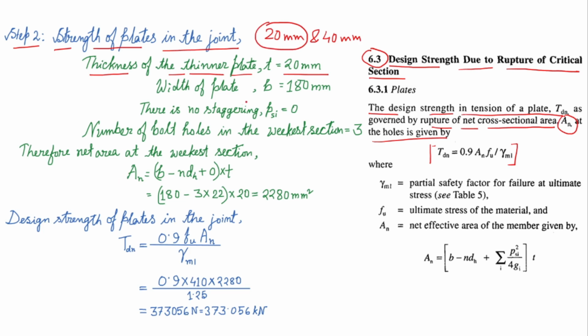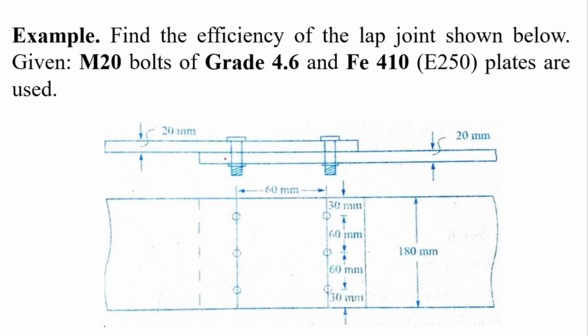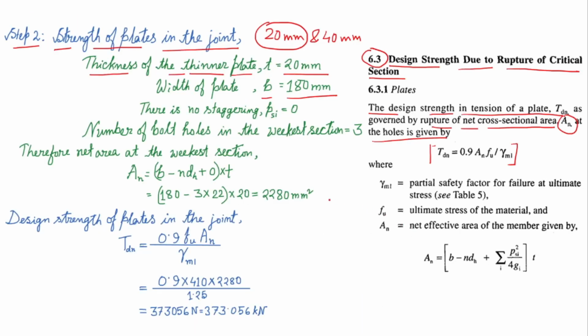Then width of the plate B is 180 mm. See, this is the width of the plate. Next, there is no staggering, so that's why psi is 0. Next, number of holes in the weakest section is equal to 3.